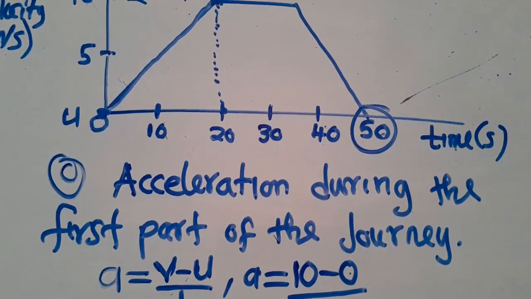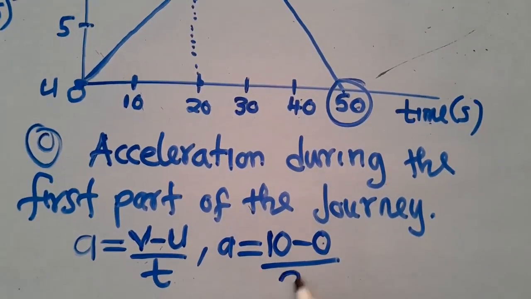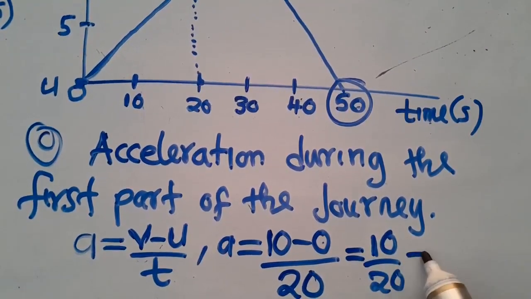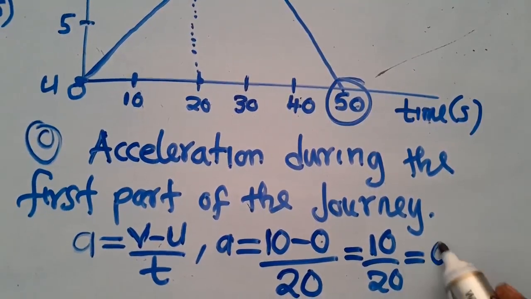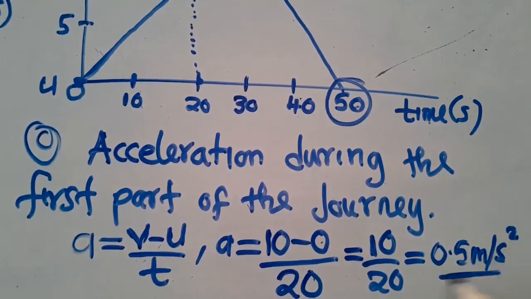So you put over 20, which is equal to 10 over 20. What are you going to get? That's 0.5 meters per second squared. When you divide there, that's the answer you are going to get, and that's how you need to do it. So just like this, you are done.